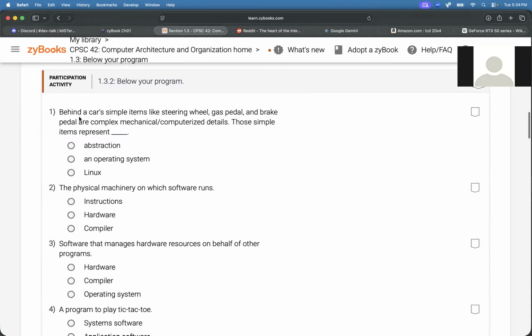All right, let's see. Behind simple items in a car, like the steering wheel, gas pedal, and brake pedal, are complex mechanical details. That's an abstraction. When you turn the wheel of your car, you don't have to know what the connection looks like, or how turning the wheel actually turns the wheels. You don't need to know those details.